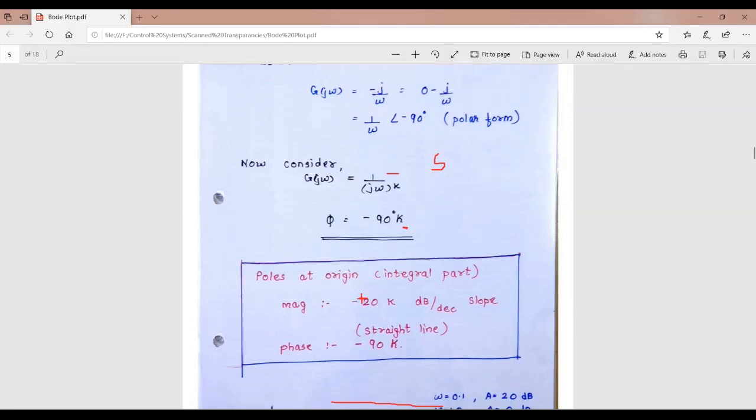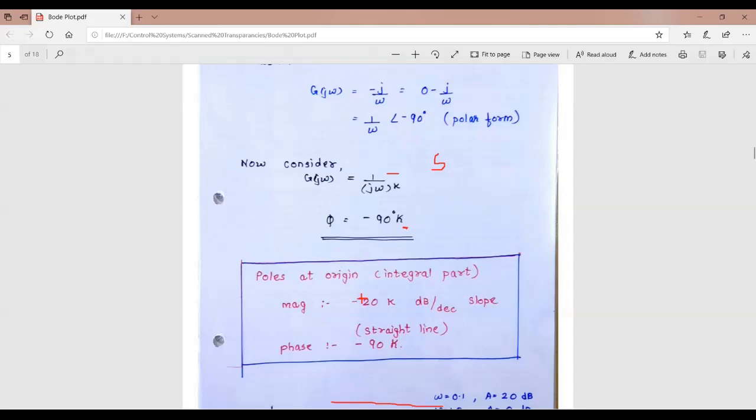Forget about this k here; it is nothing but n. Suppose you have two poles at origin instead of one. Each pole is going to contribute minus 20 log of omega, so you get n times minus 20 log of omega. That is why instead of k you can use n, because k might become confusing.